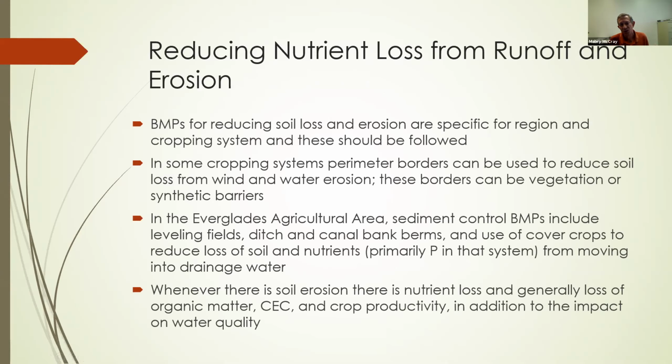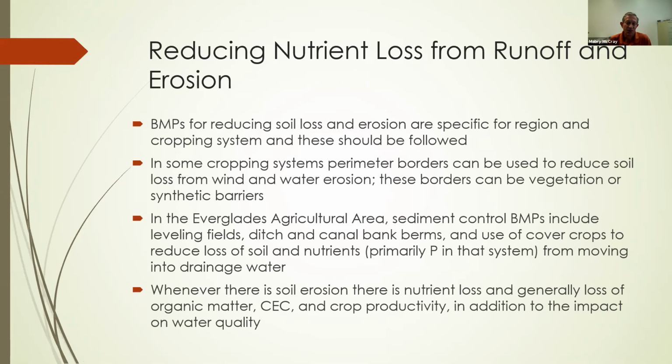Reducing nutrient loss from runoff and erosion. So this is one potential loss: when you lose soil, you lose nutrients. There are BMPs for reducing soil loss and erosion that are specific for region and the cropping system, and you should pay attention to those that are specific for your situation. In some cropping systems, there can be perimeter borders used to reduce soil loss from wind or water erosion.